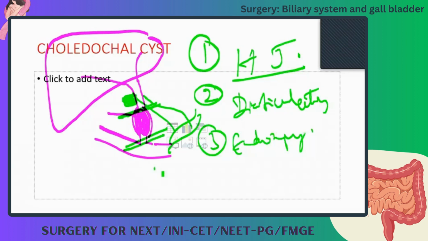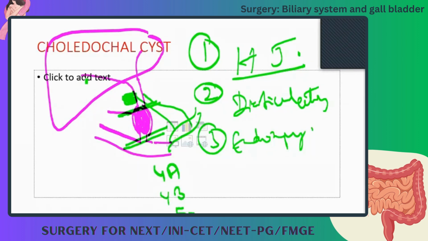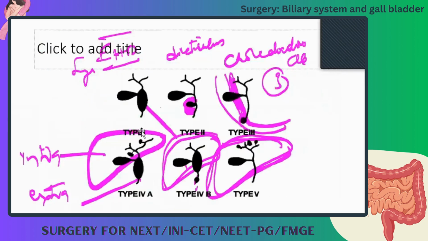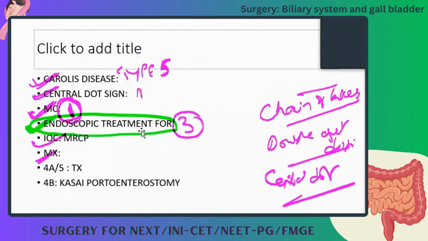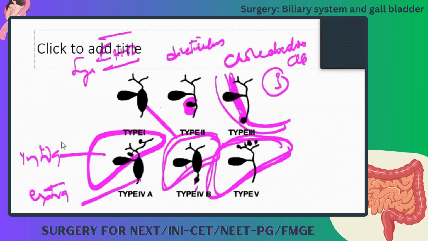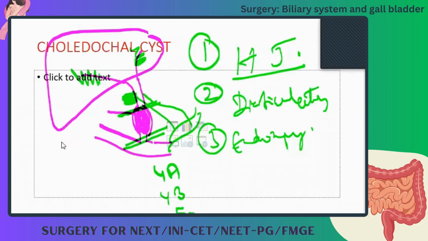Very good. For 4A, 4B, and 5. 5 is intrahepatic, multiple. So for 4A, what is 4A?